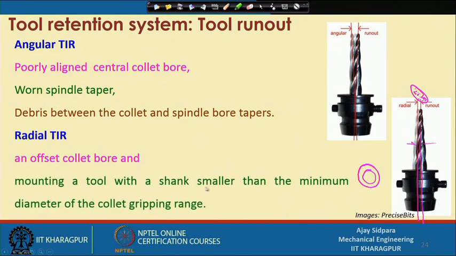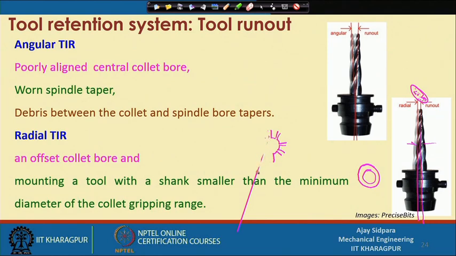Then, mounting a tool with a shank diameter smaller than the minimum diameter of the collet gripping range. Now if you see this type of ER collet, it has a different type of gripper.